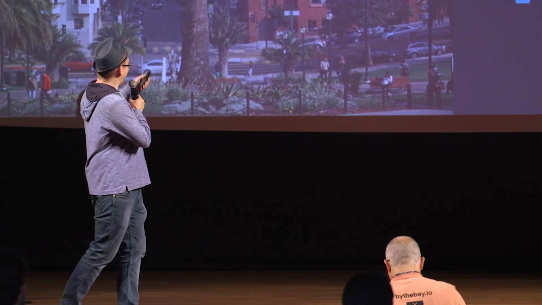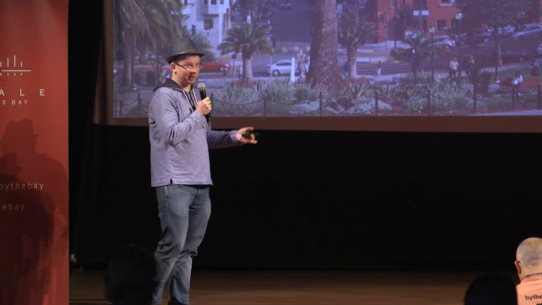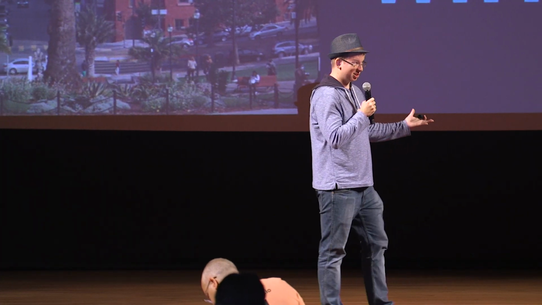F# is there out of the box as one of the 3 possible languages: C#, Visual Basic. Haha, no one is using Visual Basic, let's not joke. And F#. It is a type-safe language based on OCaml and the ML family, the family of languages that's been around since the 60s.